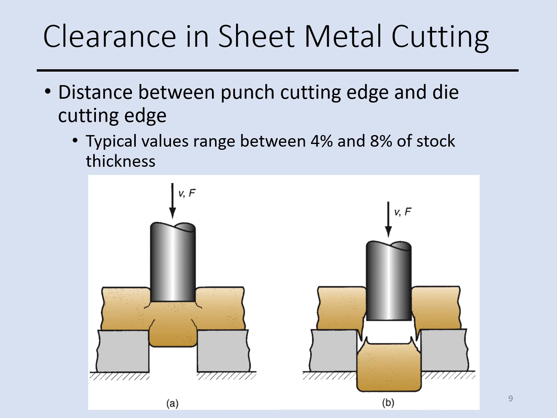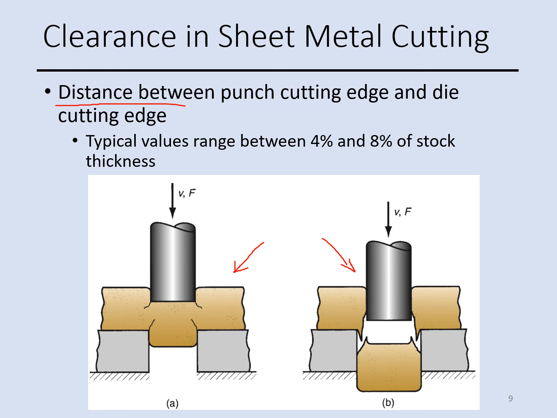Clearance in sheet metal cutting is an important factor, and that clearance is the distance between the punch cutting edge and the die cutting edge. The typical value is between 4% and 8% of the stock thickness. In this picture, we have two scenarios, A and B. In case A, we have too small a clearance, so it's too tight.